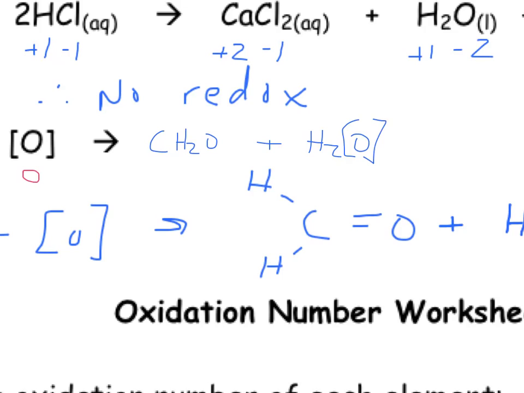In our aldehyde, each hydrogen is a +1 and the oxygen is the -2. So therefore, our carbon, in order to balance, needs to be 0. The hydrogens attached to our oxidizing agent will be +1. So therefore, the oxidizing agent must have an oxidation number now of -2, so it balances to 0.